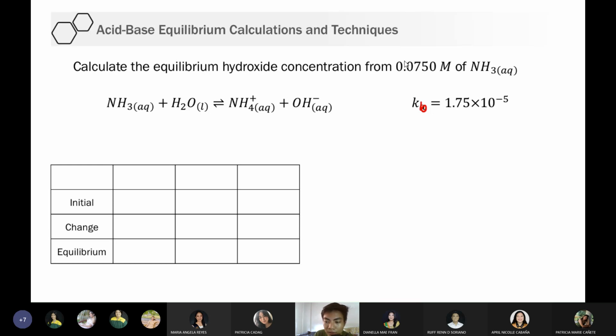Ano gagawin ko? I will divide my reactant concentration with the K. Okay, so concentration of base divided by the Kb. So that will be 0.075 divided by 175 times 10 raised to negative 5. Tignan mo if yan ay greater than 1,000.